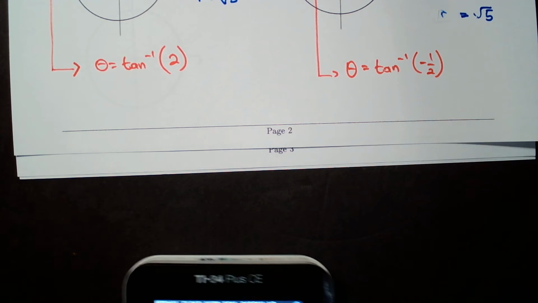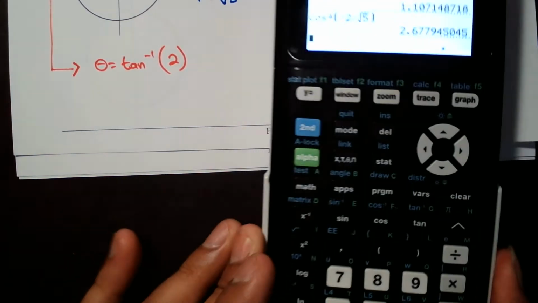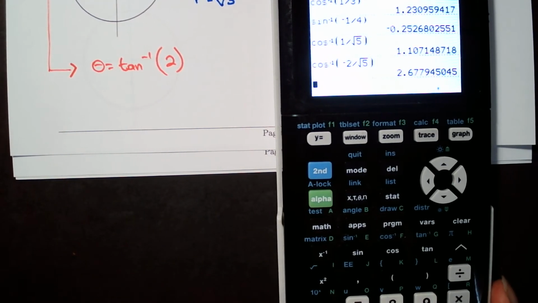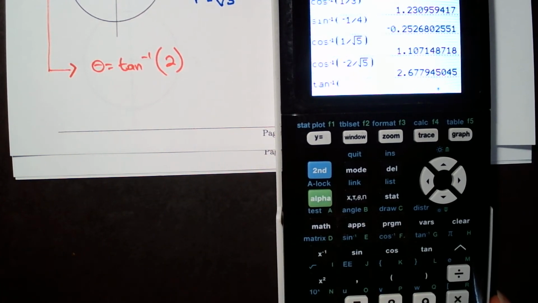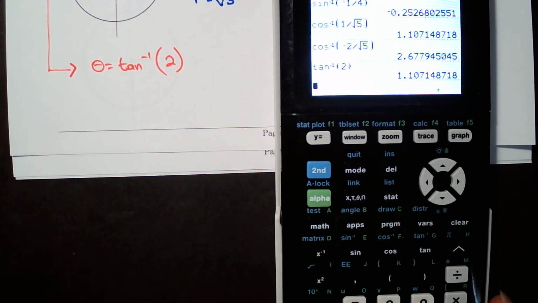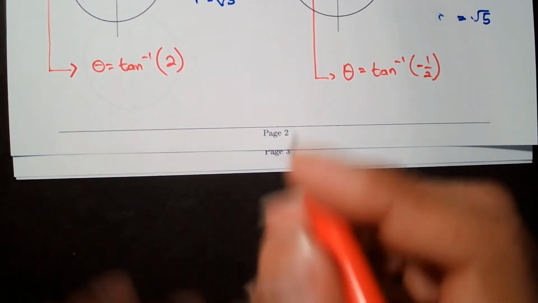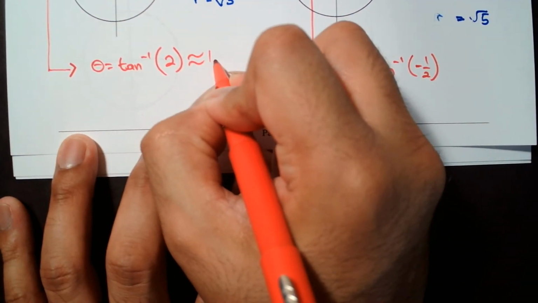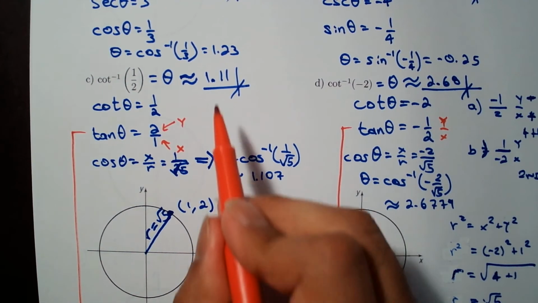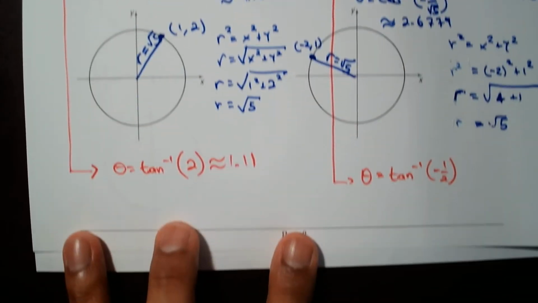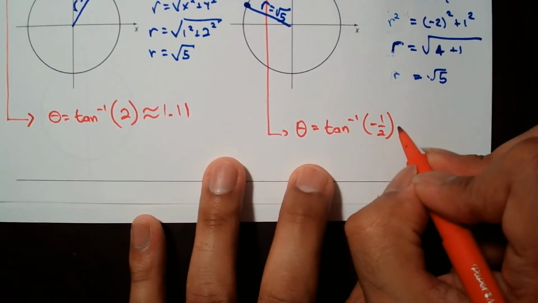So when we do this in the calculator, we do second tangent inverse of 2. In this case, we get 1.107, which is 1.11. In this case, we got the right answer. In some cases, it works. However, let's look at the second case.